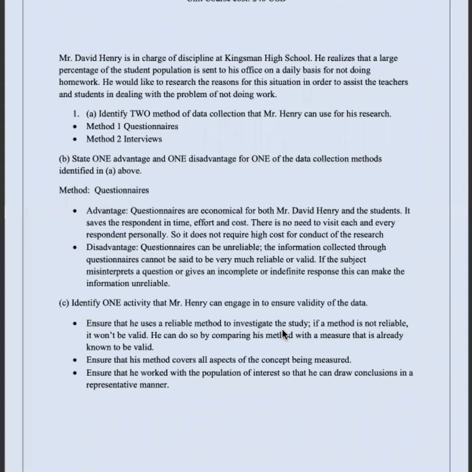So what Mr. Henry can do is to ensure that he uses a reliable method to investigate the reasons for the students not doing their homework. He could also ensure that his method covers all aspects of the concept being measured. He could also ensure that he worked with the population of interest.